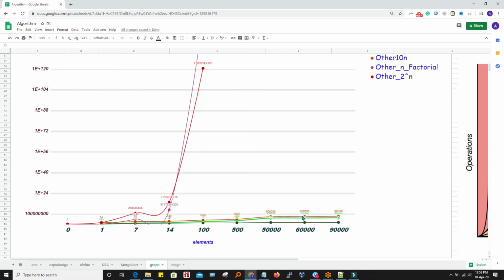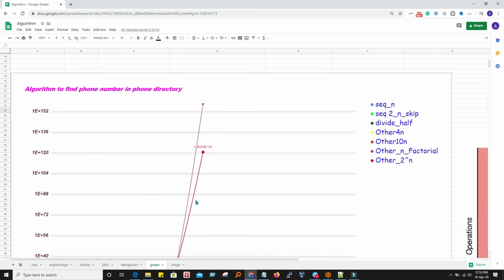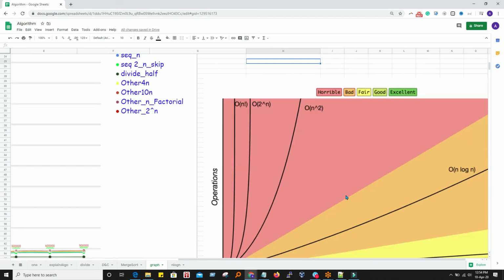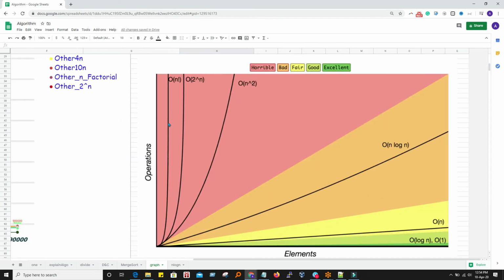If you see these slanted lines, these are bad algorithms. So we have plotted a graph based on these values. This picture I have taken from a book, and this is telling us what kind of algorithm is good and what kind of algorithm is bad.